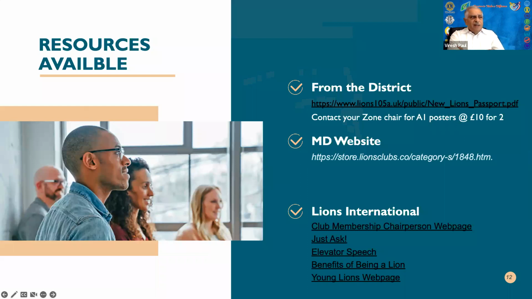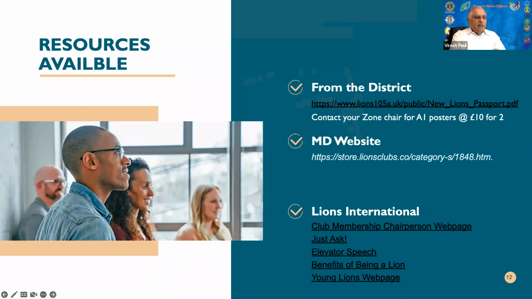Then there's the MD website, and the link is Lions Store, which has pre-printed leaflets, which you can use for your promotional work, or use them to devise your own, or get in touch with your zone chairman, and the zone chairman will get you the leaflets which Mick Claxton has devised and designed, which are available to you.